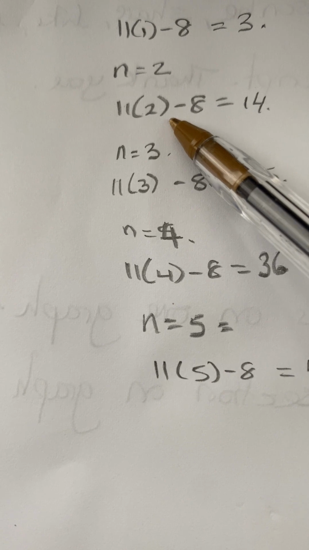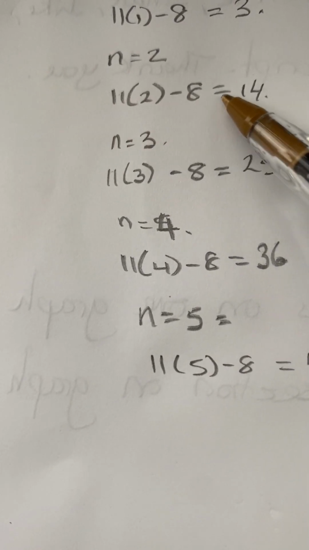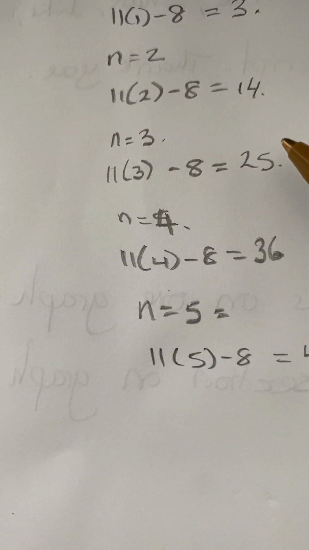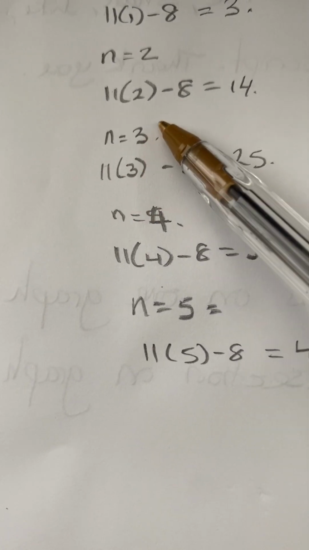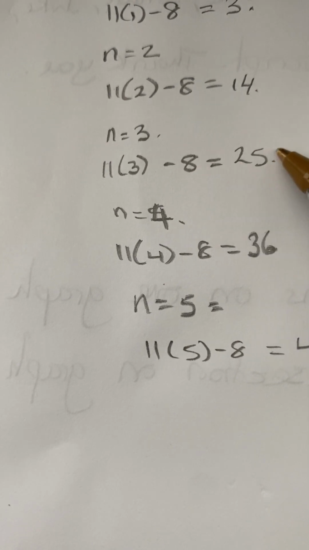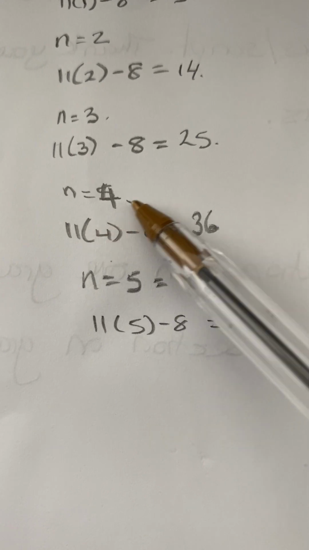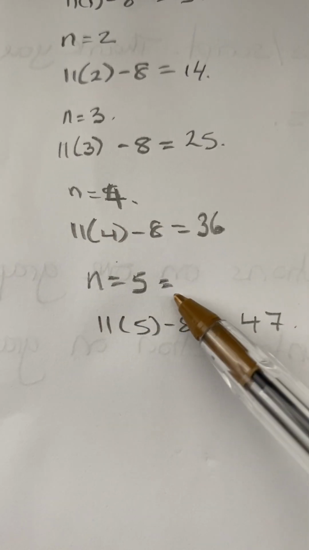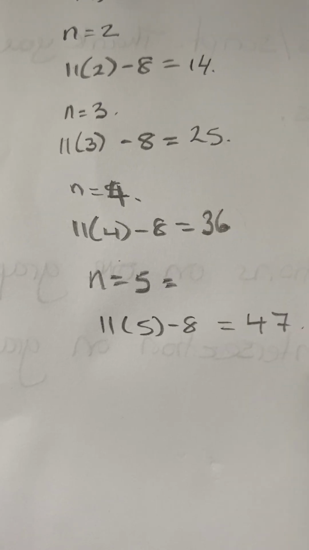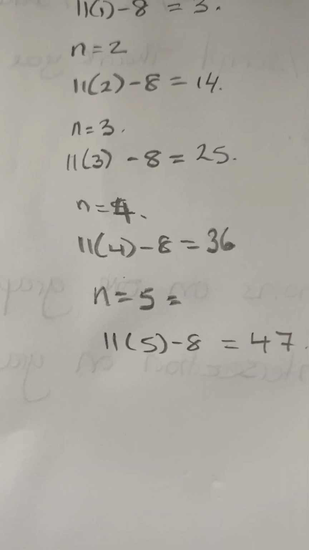If n equals 2, 11 times 2 minus 8 will give us 14. That will be the second term. If n equals 3, 11 times 3 minus 8 will give us the 25th term. So I've done it for n equals 4 and n equals 5, and I've got the 4th and the 5th term as we've been given in the sequence.